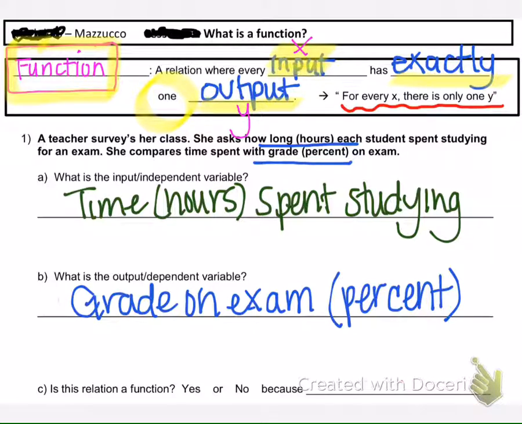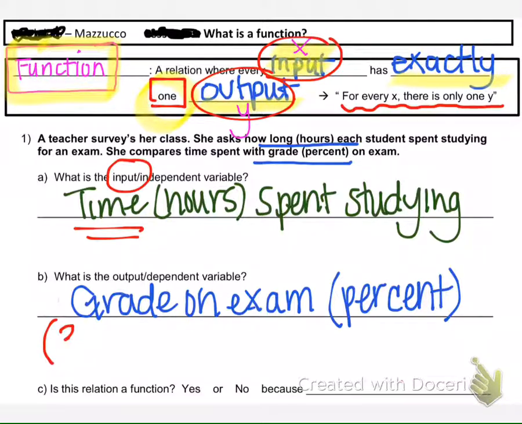So we are asked if this is a function. Again, to be a function, every input can only have one output. The input here is the time. For example, let's say the time is 3 hours. Someone who studies for 3 hours could get a 90% on the test.